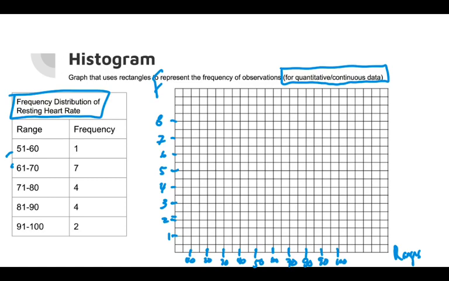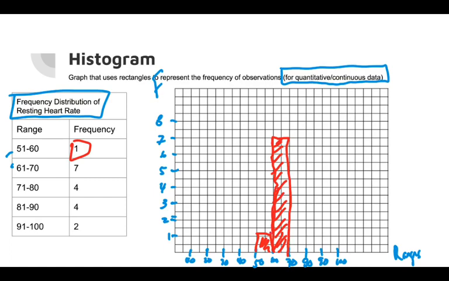So then I'm going to go through and say, all right, what values do I have between 51 and 60? Okay, there's 1, so I'm going to go up here, boom, 1 thing in there. Between 60 and 70, there are 7. So I'm going to come up here, strayed up to 7 and then back down. Despite the poor quality of my sketching, these are supposed to be rectangles. Notice that it's continuous, right?